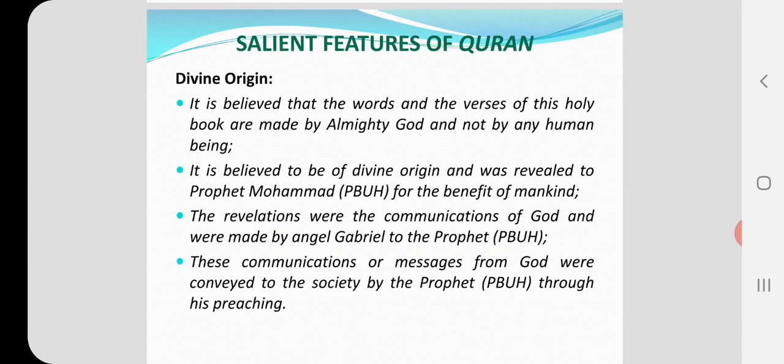In Arabic this name is pronounced differently: Gabriel is called Jibrail, and the verses were revealed to Prophet Muhammad from time to time through Jibrail or angel Gabriel. And thereupon, when the verses reached the Prophet, he communicated those messages to the society through his preachings.